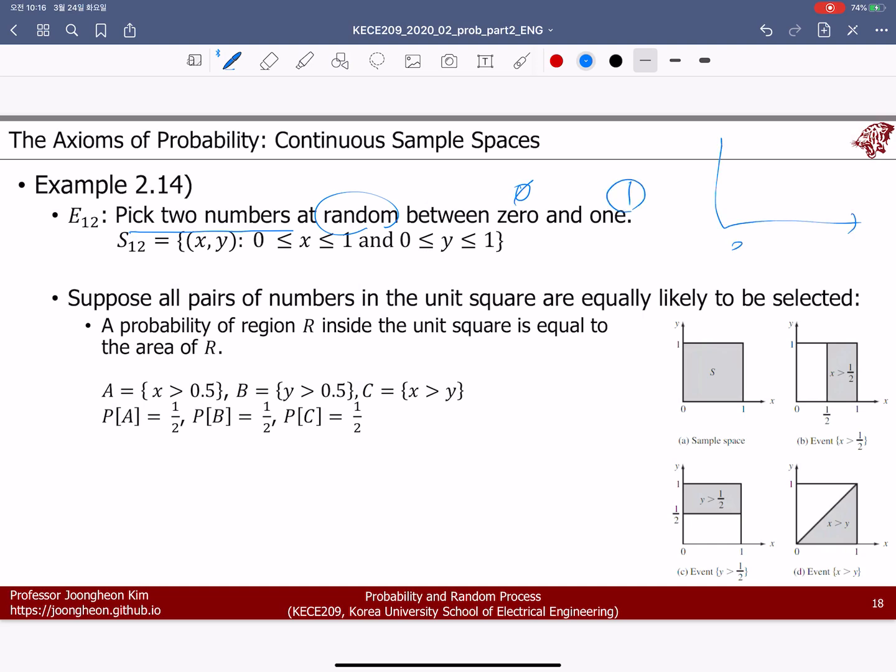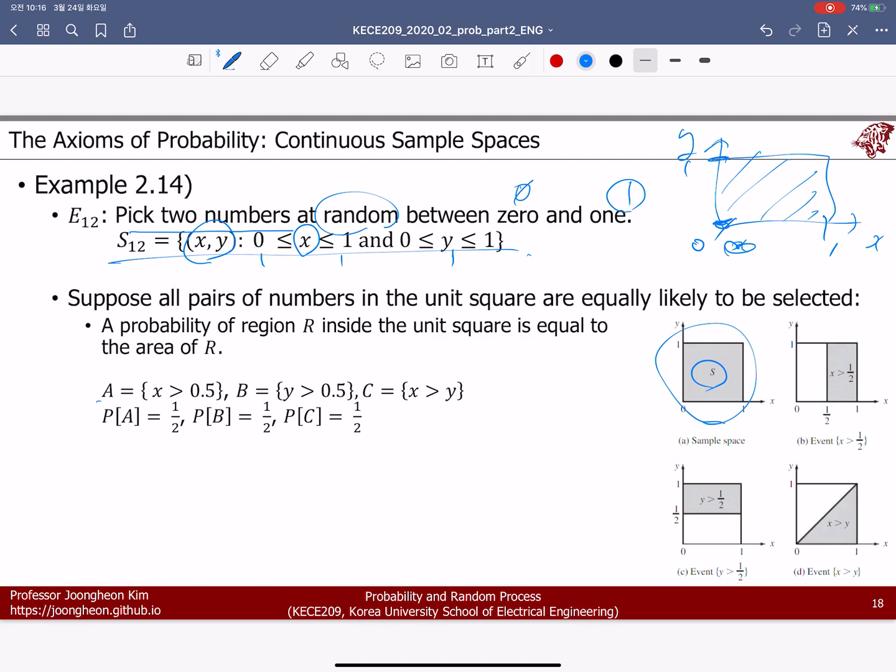So this is x, this is y. These are 2 random values. x can be between 0 and 1, y can be between 0 and 1. That's why this region is our interest. That's why this is our sample space. Okay. Also, we can define it just like that, x and y, 2 random numbers, and x should be between 0 and 1. y should also be between 0 and 1.